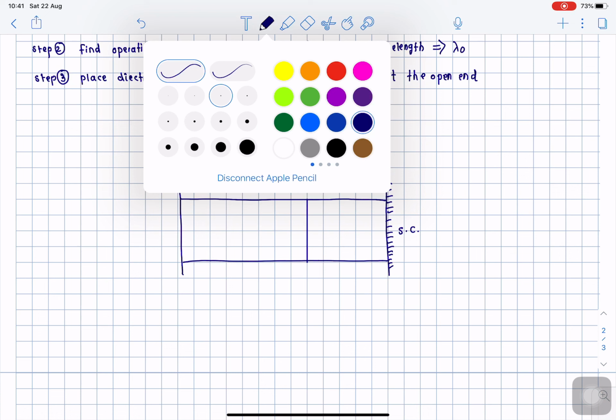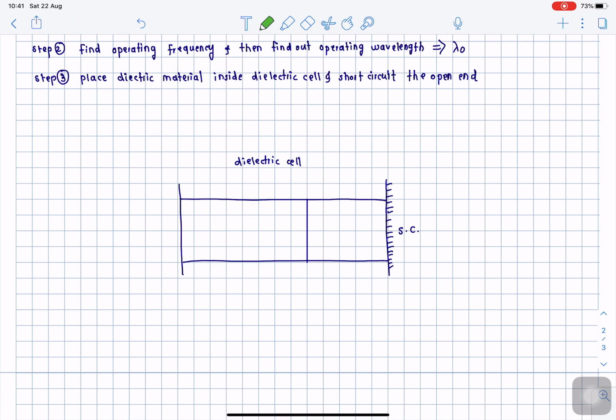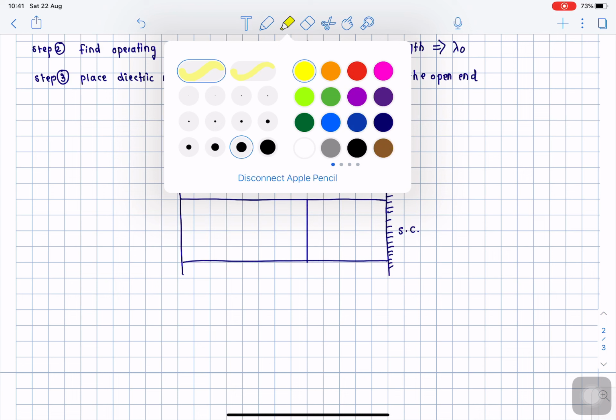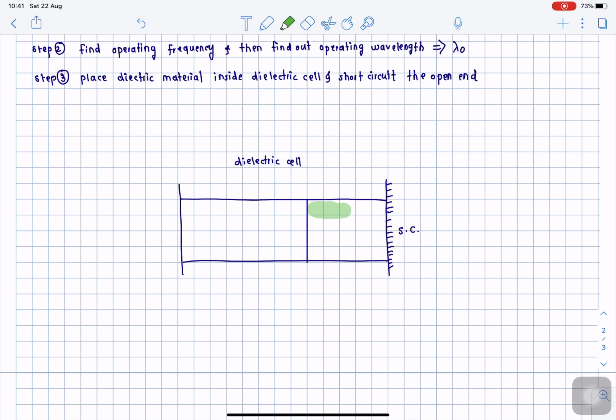I will take a different color, let us say this green color. This green color indicates the dielectric material that I place inside this dielectric cell.